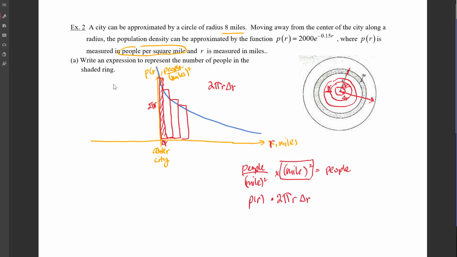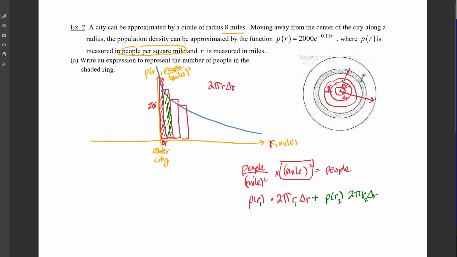And then the next box, I'll do it in green. The next area is going to be 2 pi r delta r. This first one would be plugging in the first r, and the second one would be plugging in the second r, and this would also be PR.